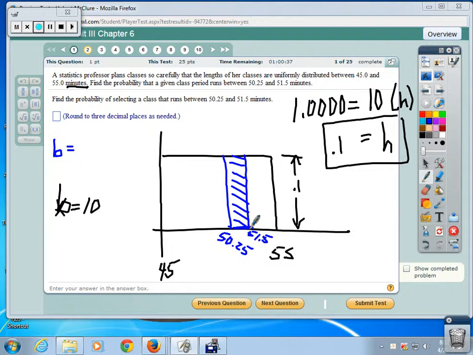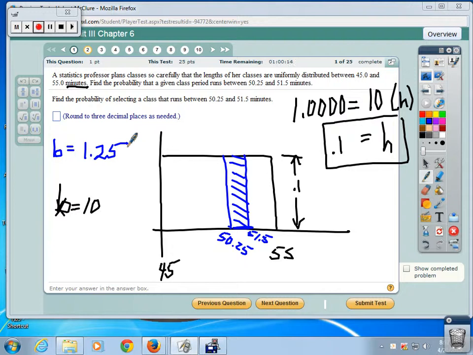What's $1.50 minus 25 cents? $1.25. All right. So base is 1.25.